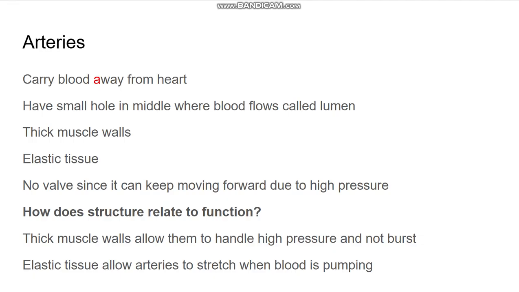So basically, there's a small hole in the arteries called the lumen, and that's where the blood flows. There's no valve because it has high blood pressure, so it keeps one-directional blood flow, and it has thick muscle walls to handle high pressure and prevent arteries from bursting, and elastic tissue to allow arteries to stretch when blood is pumping.